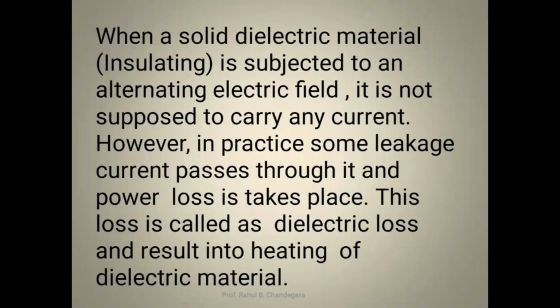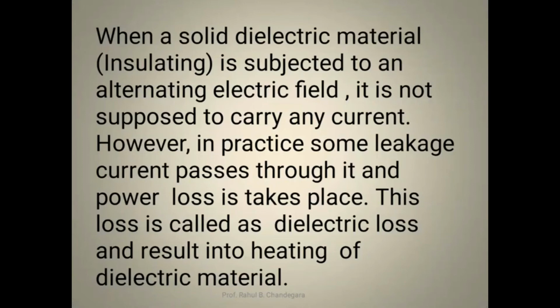When a solid dielectric material, an insulating material, is subjected to an alternating electric field, it is not supposed to carry any current. However, in practice, some leakage current passes through it and power loss takes place. This loss is called dielectric loss and results in heating of the dielectric material.